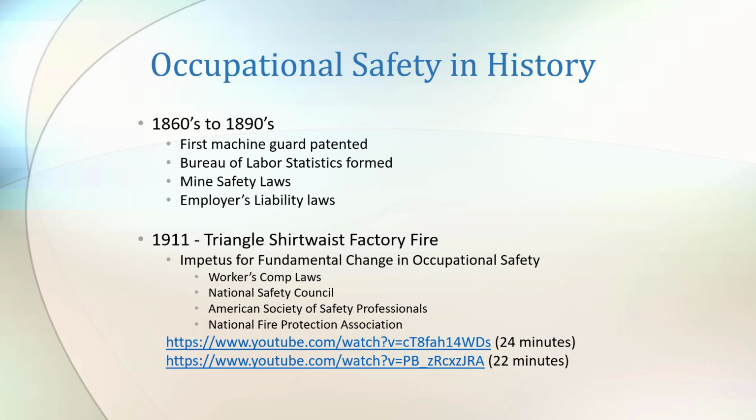In the 1860s to 1890s, people were realizing that we needed to put some protection into place. The first machine guard was patented. For those that don't know what a machine guard is, it is a cover or a barrier between the worker and a potential hazard.